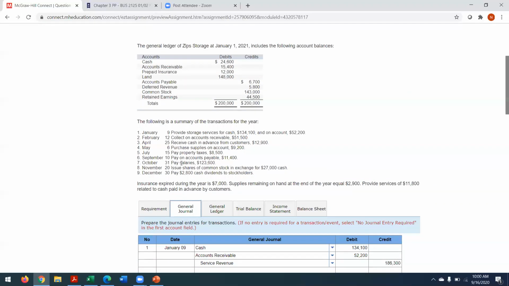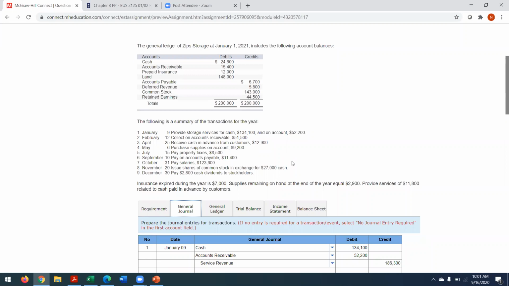Next, pay salaries 123,600. Debit salaries expense 123,600, credit cash 123,600. November 20th, issue shares of common stock in exchange for 27,000 cash.